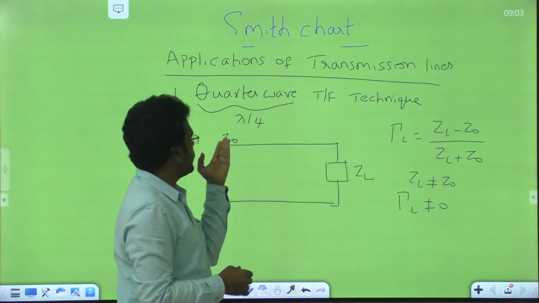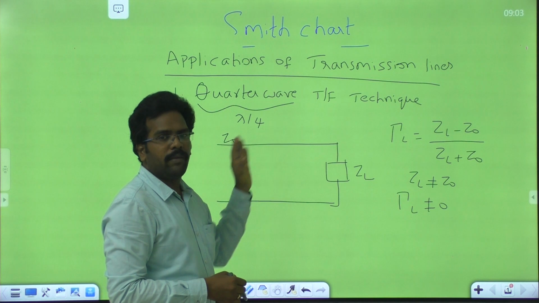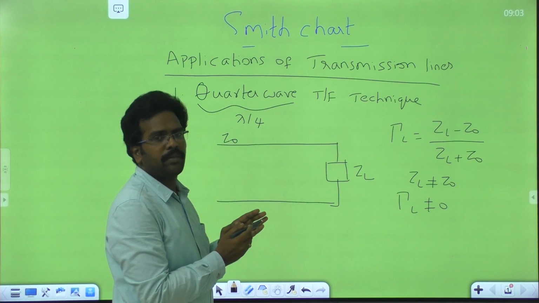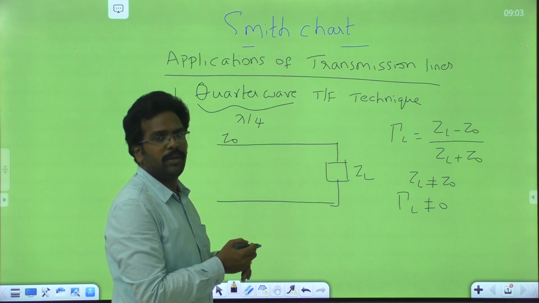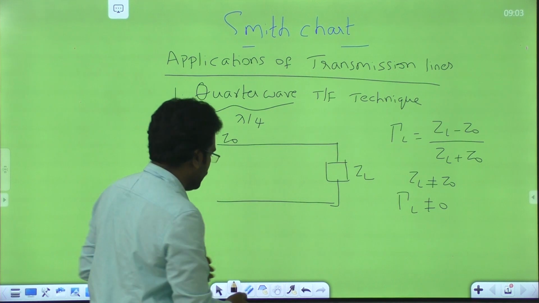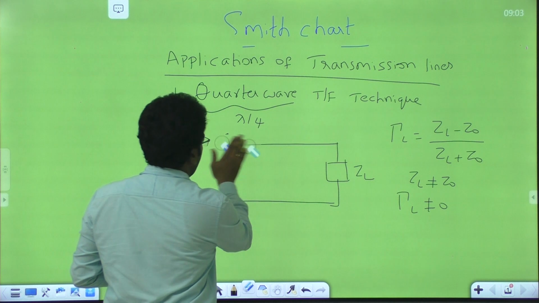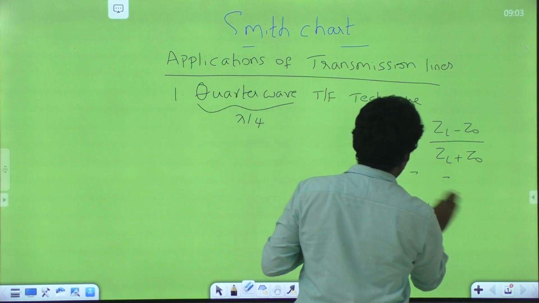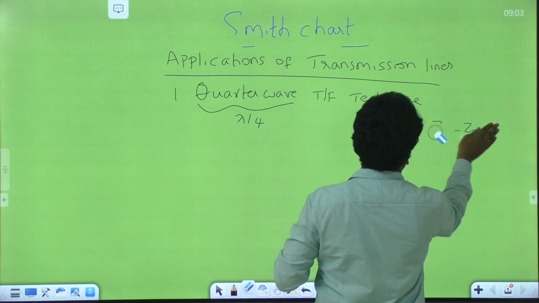Because ZL is not equal to Z0, some wave will be reflected back. To avoid that, we have to use some device or technique. Now we see that with the help of a quarter wave transformer, we can do impedance matching.